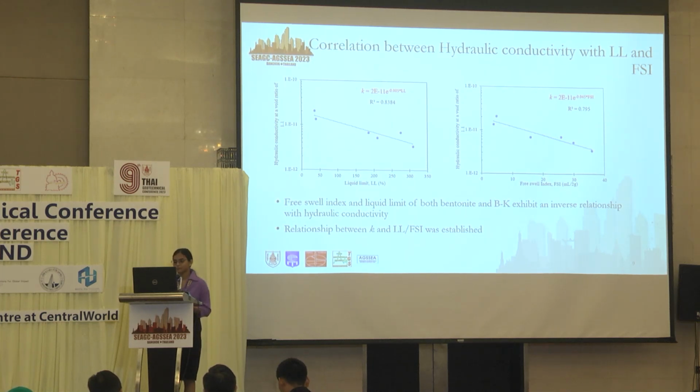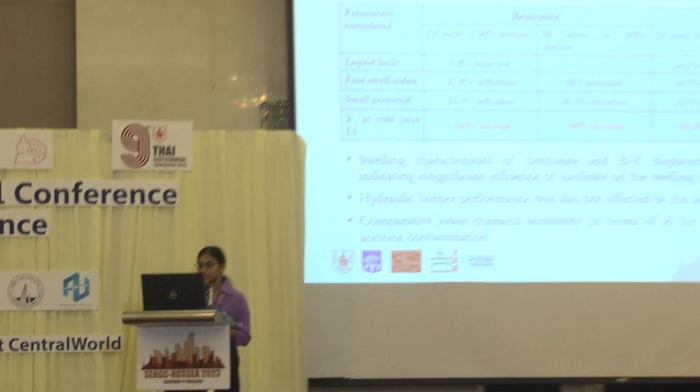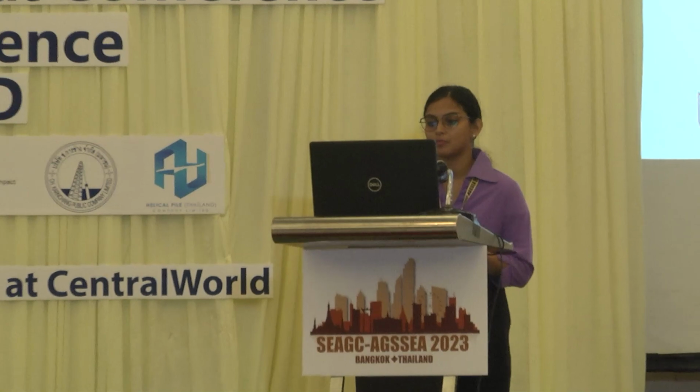That is represented here. Table 8 represents a comparative performance of bentonite and BK under the permeation of acetone. We can see the plasticity and swell properties were almost similar at higher concentrations of acetone, whereas the hydraulic conductivity shows a much larger difference in the case of bentonite than in BK mixtures.